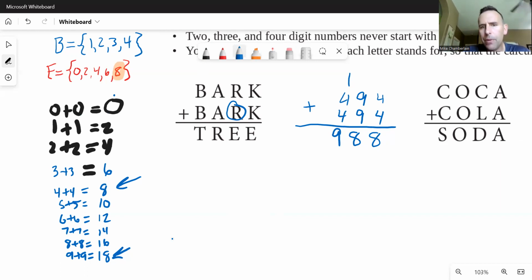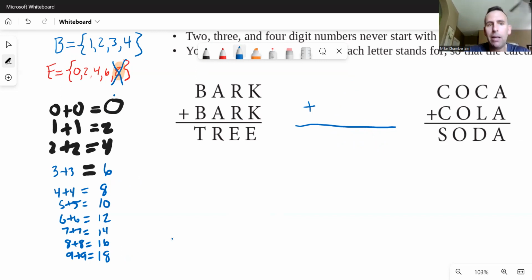That can't work because I've already used the digit 4 for K. I can't use it for A. The only other way to get a 9 besides that is 9 plus 9. 9 and 9 is 18 plus 1 more is 19. But I can't do that because I've already used 9 for R. And so that means I'm at a dead end. Or in other words, my initial guess that E was 8 failed.